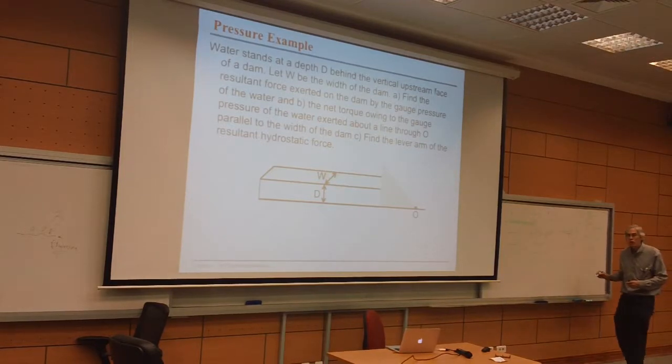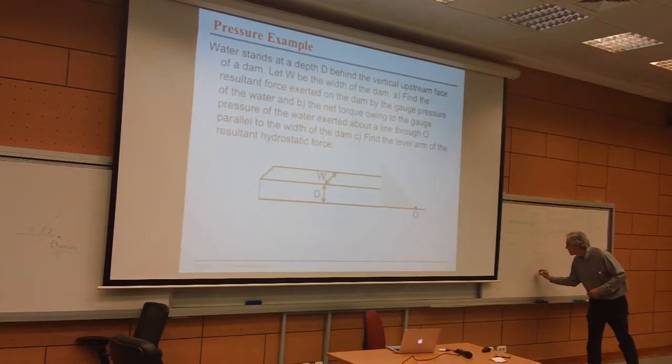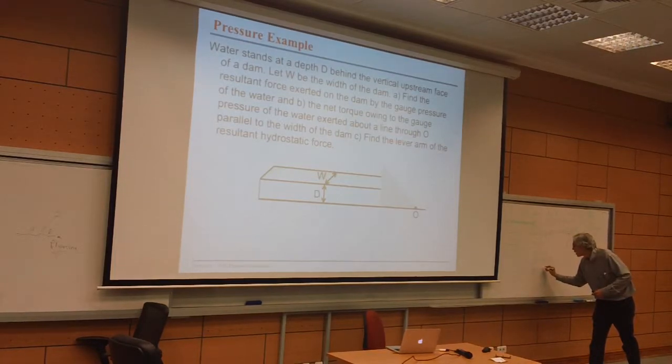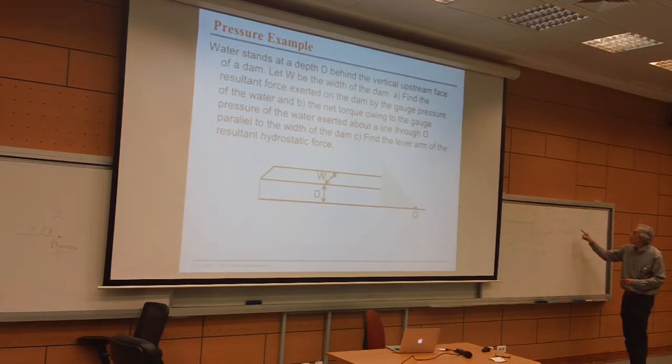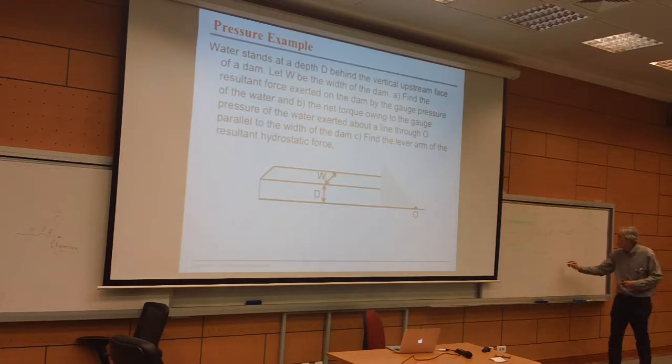Okay, so the total torque we get by integrating this. This will be equal to the integral from y equals 0 to y equals d of d minus y times df. And what is df? Rho g y w times dy.